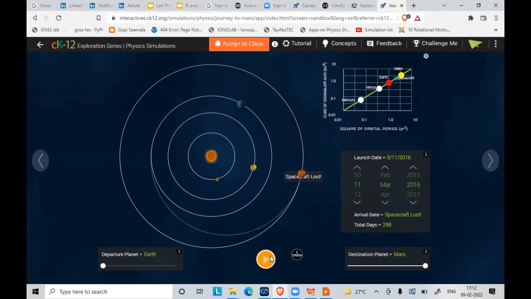As you can see from this simulation, there is always a limited time window. If you miss that time window, you may not be able to reach Mars, because you have a limited supply of fuel. Even along the way, the trajectory is not always that simple.